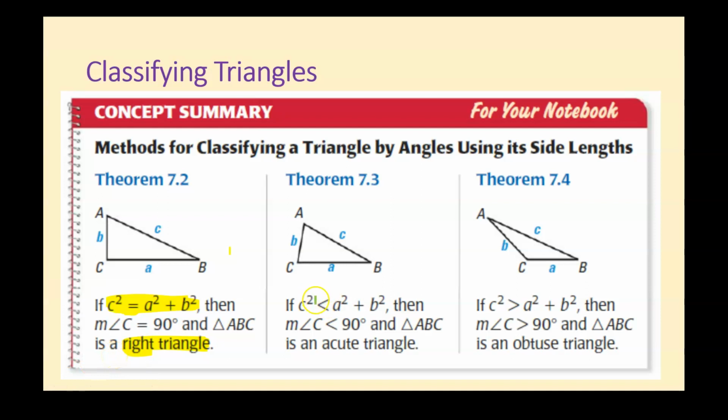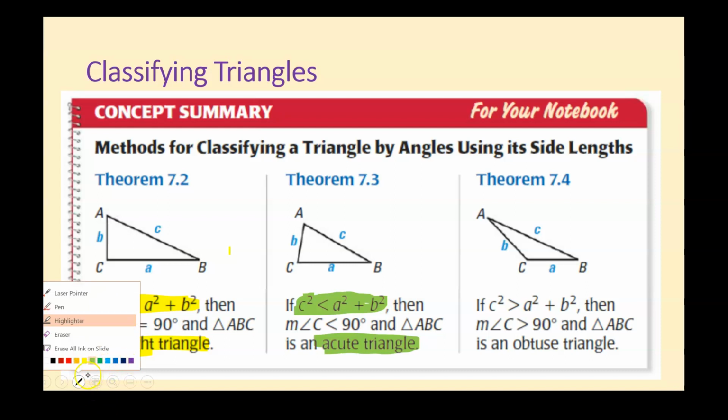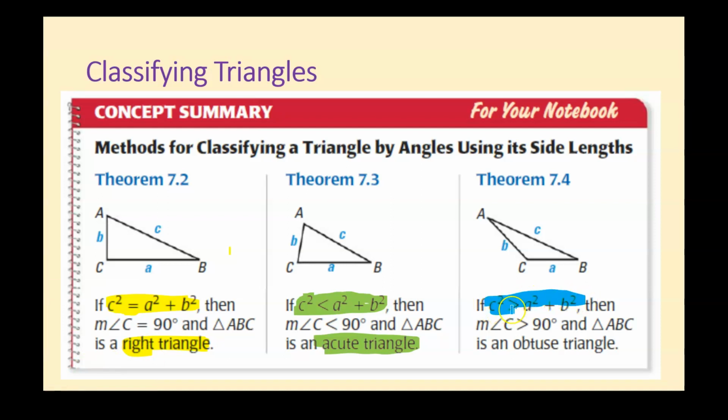If the c squared is smaller, that tells us we have an acute triangle. If our c squared is bigger than a squared plus b squared, that tells us we have an obtuse triangle.